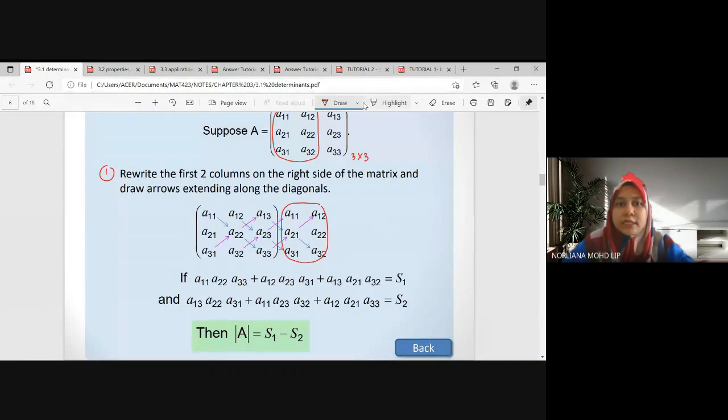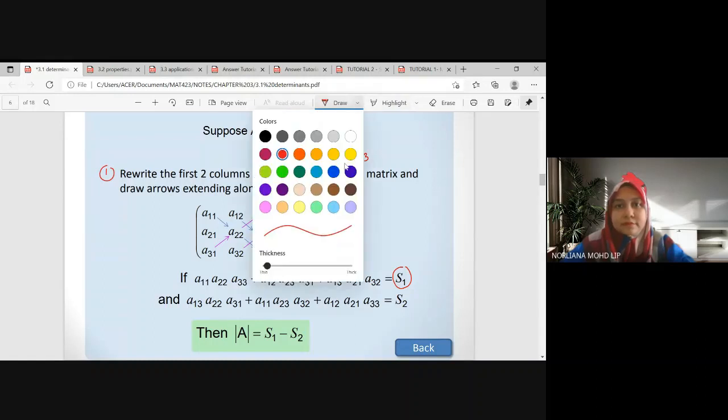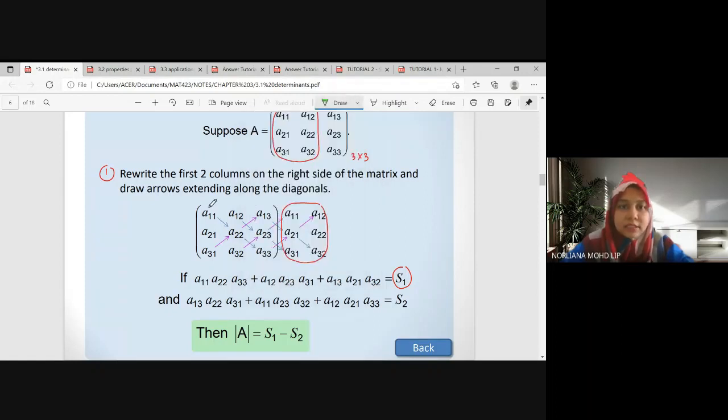First, we look at how to find S1. This arrow is the main diagonal of this matrix.